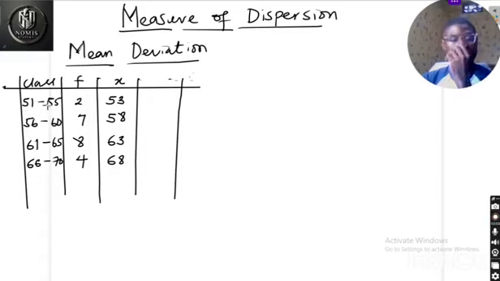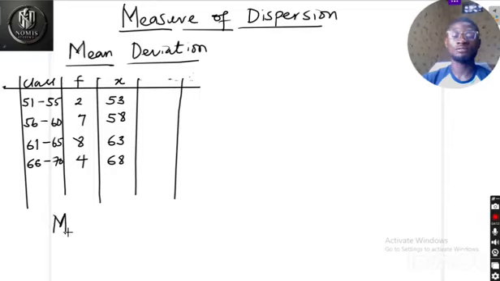So 51 plus 55 gives 106, and divided by 2 will be 53. The same thing is applicable to all of those classes. So that's how we get the class rep, and what we'll be needing is determined by what we want to calculate, the mean deviation. So I will start by giving us the formula.